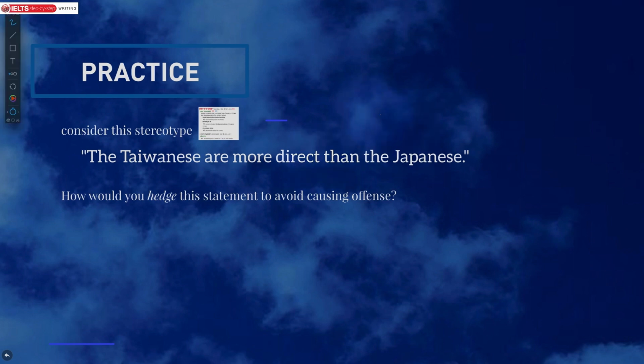So that's a stereotype, because I know a lot of outspoken Japanese people, and I know a lot of shy Taiwanese people who won't open their mouth when they're asked to give their true opinion about something. Okay, so it's dangerous to stereotype, it's dangerous to generalize like before, and that's when we need to hedge. Okay, so let's have a look at what you could do with this one.